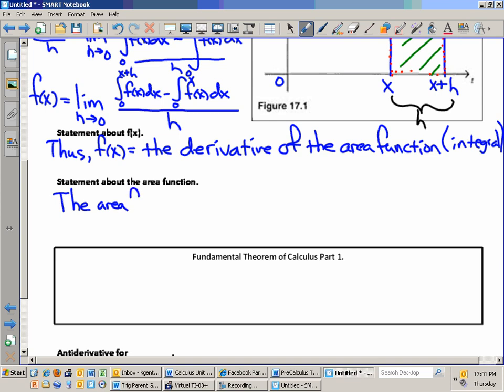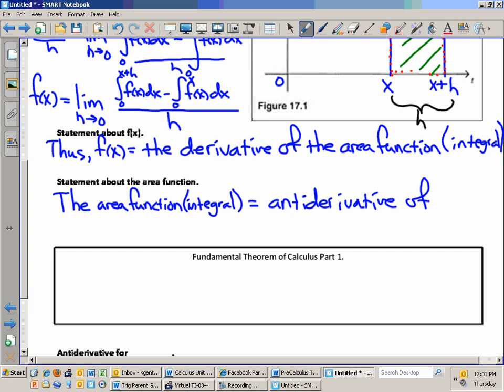The area function, or the integral, the area function or the integral is equal to the antiderivative of f of x.